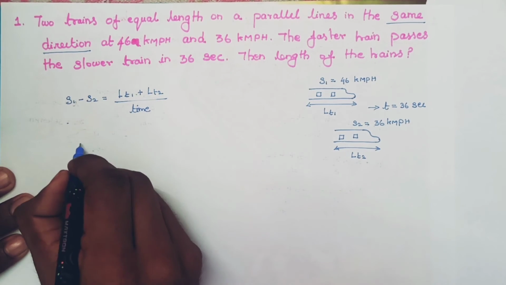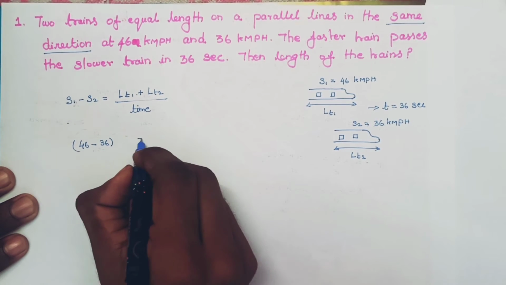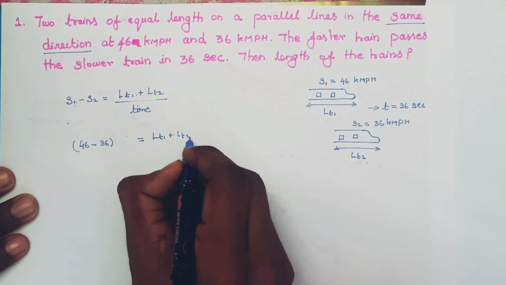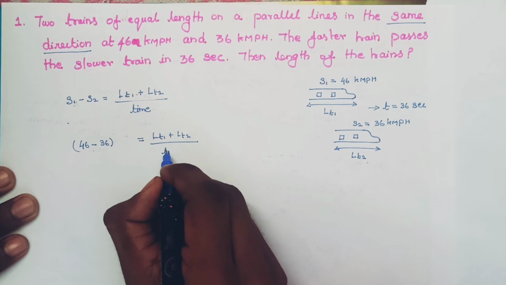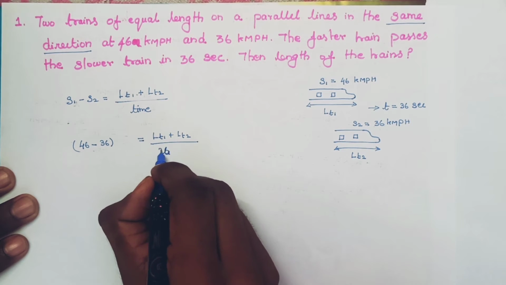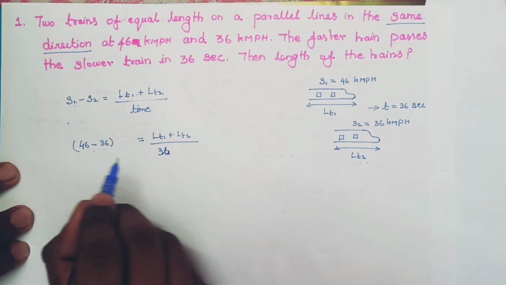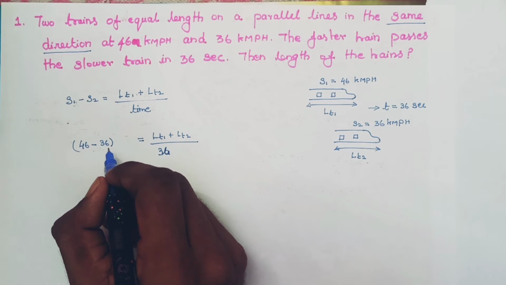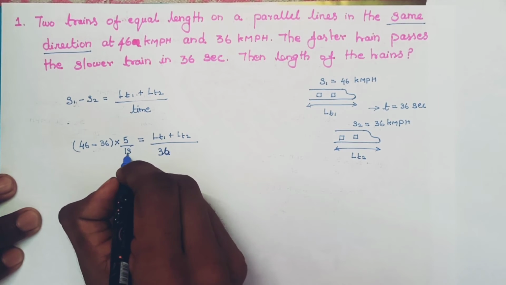So S1 is 46 minus S2 is 36 here, and that is equal to the lengths divided by time. The length we don't know for both the trains, so we have to find it. Time is 36 seconds, and since the time is in seconds, we have to convert the speed from kilometer per hour into meter per second. So just multiply by 5 by 18.